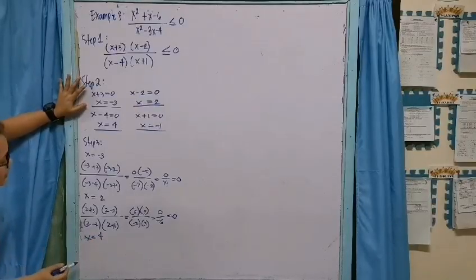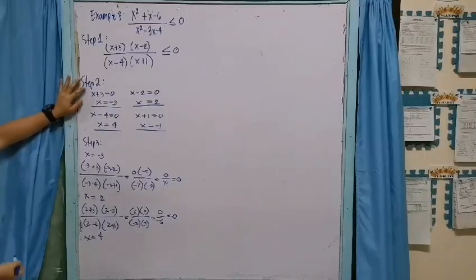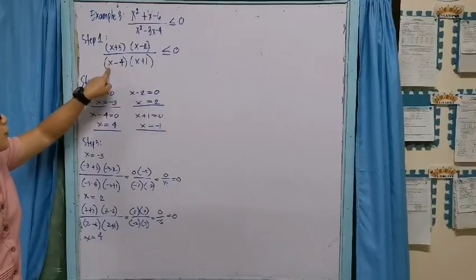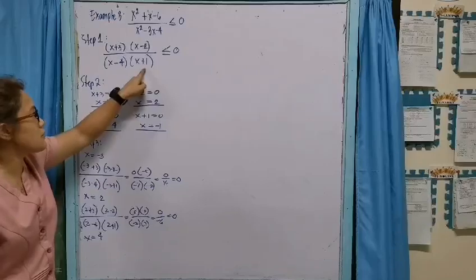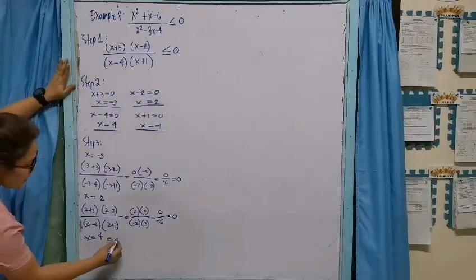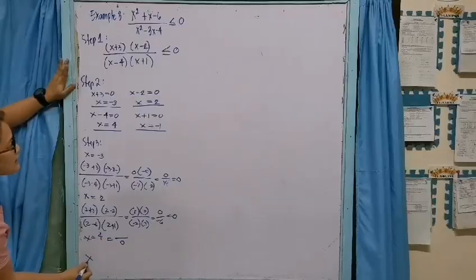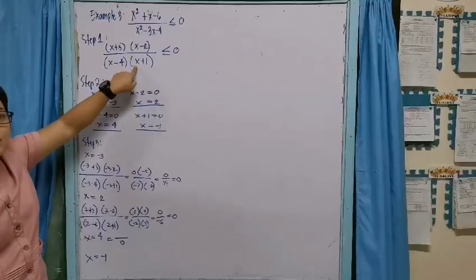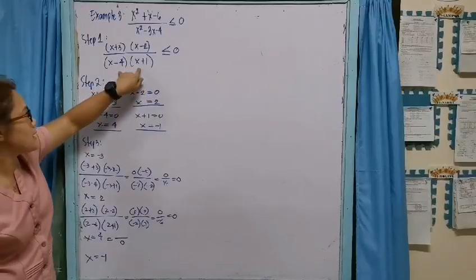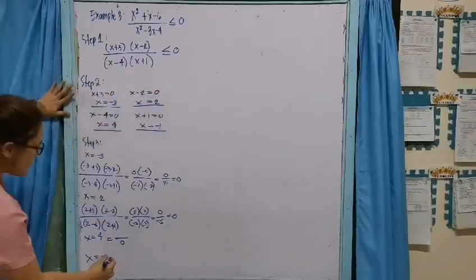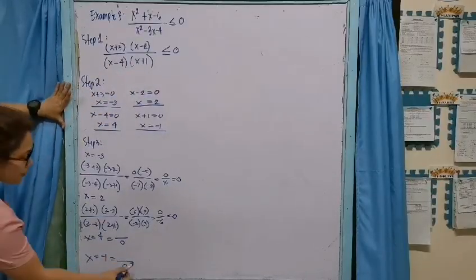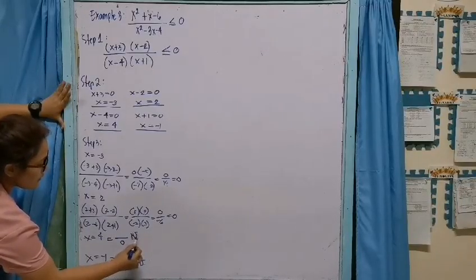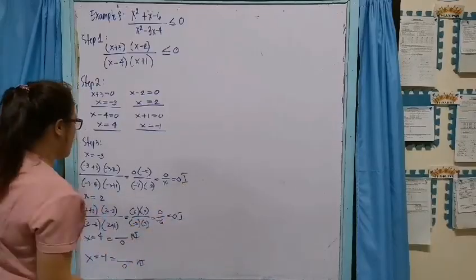Remember, even if you don't simplify, you can go step by step. 4 minus 4 is automatically 0, so the denominator is 0. The same with negative 1: negative 1 plus 1 is 0, so multiplying, the answer is automatically 0 in the denominator. Therefore, 4 and negative 1 are not included, while negative 3 and 2 are included.